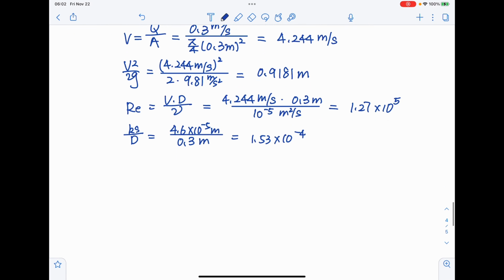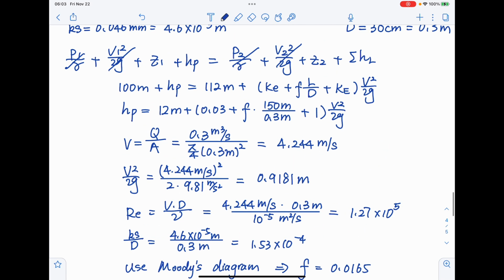So if we move this diagram, we will find the friction factor is about 0.0165. Okay.